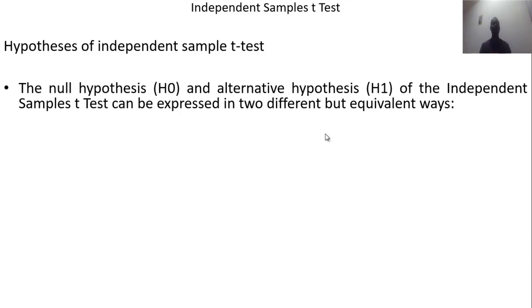The null hypothesis of the independent sample t-test states that there is no difference in the mean value, the average value, of the two groups. There is no difference in test results between male students and female students.